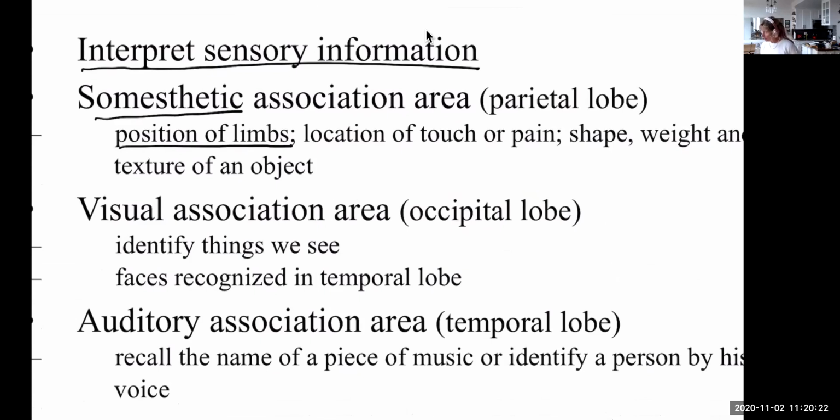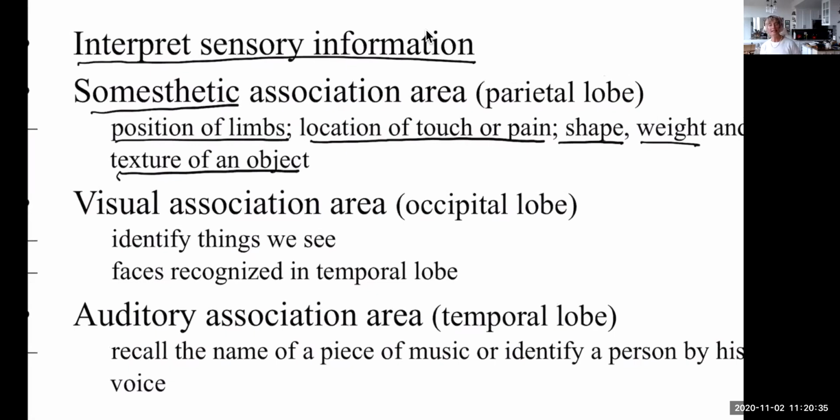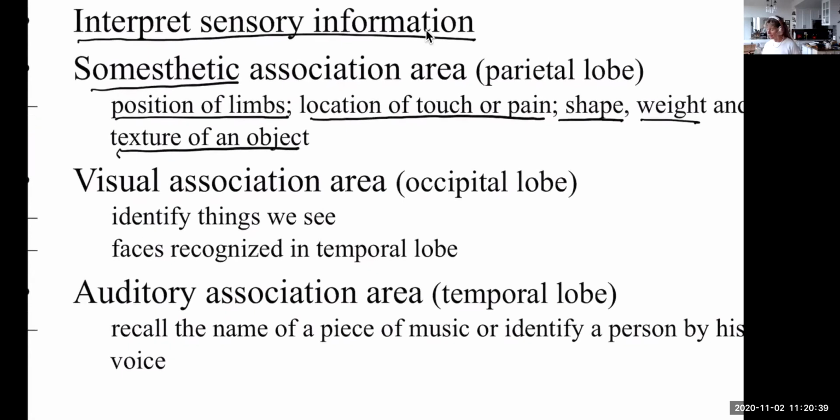The association area will determine the location of touch or pain, the shape of objects, the weight and texture of an object. So those sensory signals are sent to these association areas of the brain where the signals are interpreted.